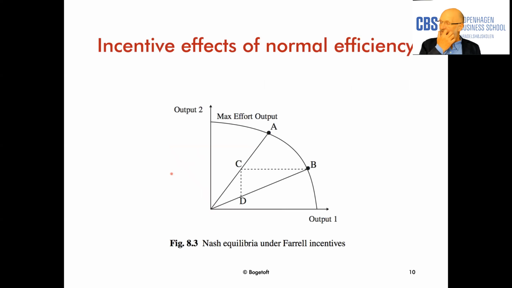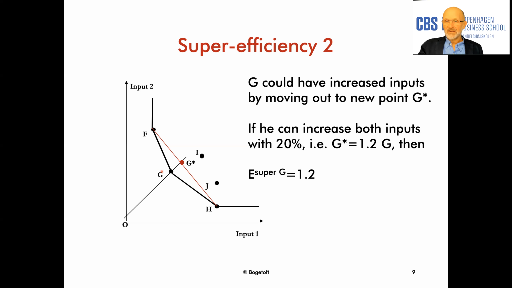Okay. And with this picture, I just want to illustrate why this is important. The first thing you can note is that now you can say that this guy here has an efficiency of 1.2. You can now do the same for this guy here. Then he'll be compared to H and G, and it'll go up like this. And maybe he could expand his inputs by 1.4. So, in this way, firms that would normally just get an efficiency score of 1 will now get different efficiency scores.